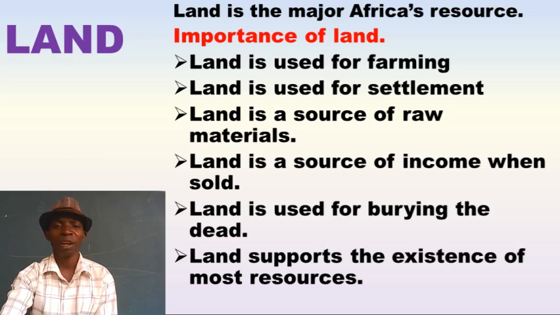So those are some of the importance of land: land is used for farming, for settlement, source of raw material, source of income when sold, for burying the dead, and many other things. You also know activities carried out on land, like farming, settlement, industrialization, mining, transport, and so many other activities.